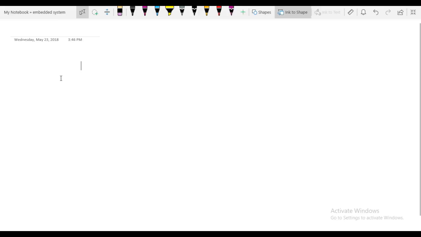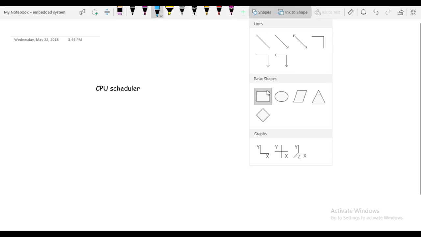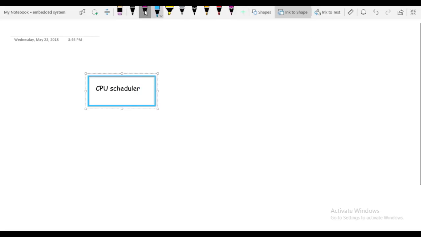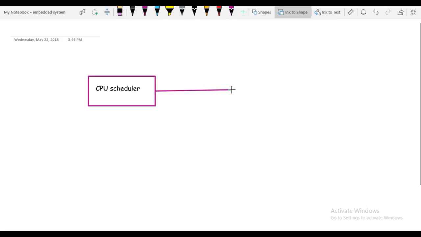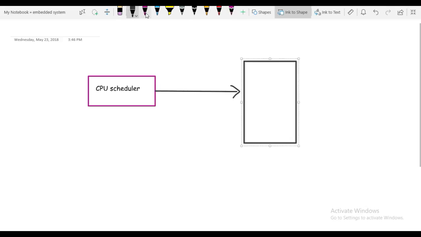So basically we have a CPU scheduler, whose responsibility is to allot processes to the CPU whenever the CPU scheduler finds the CPU in an idle state.